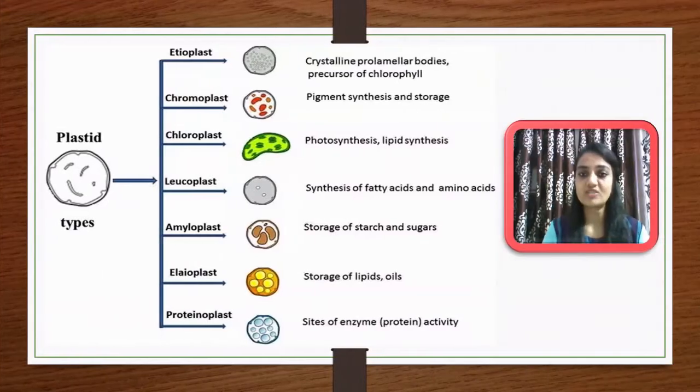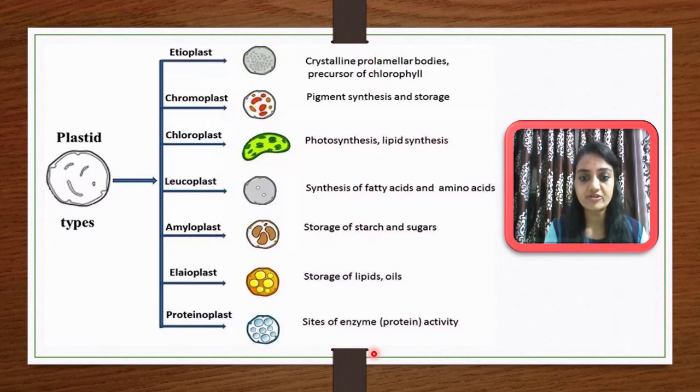Let me summarize all types of plastids here. So here you can see the plastids and types of the plastids. The first type of plastid is etioplast, which has crystalline prolamellar bodies and is a precursor of chlorophyll. By using these plastids, the chlorophyll will be formed. Then the second one is the chromoplast, for pigment synthesis and storage. Then chloroplast, for photosynthesis and lipid synthesis.